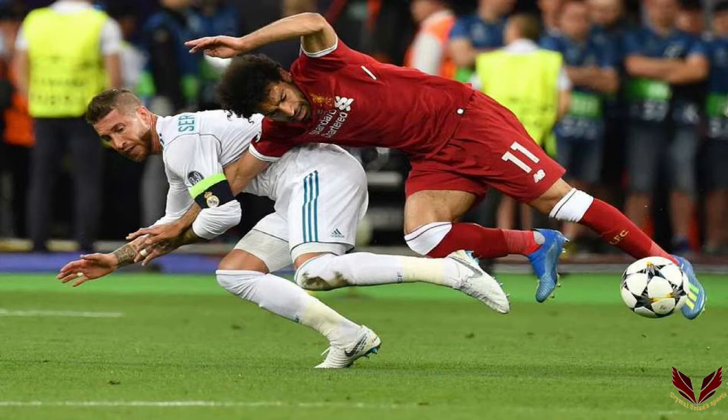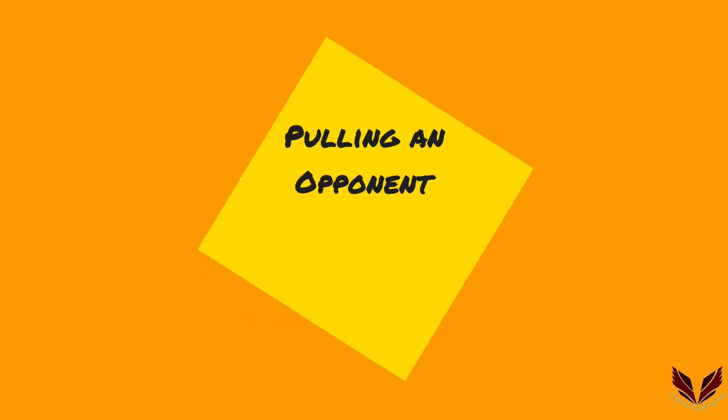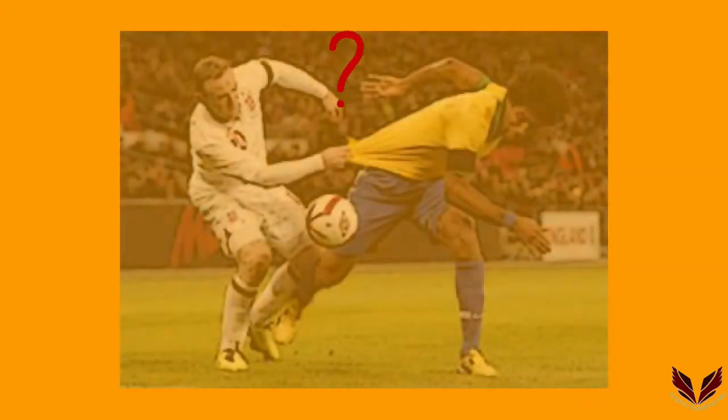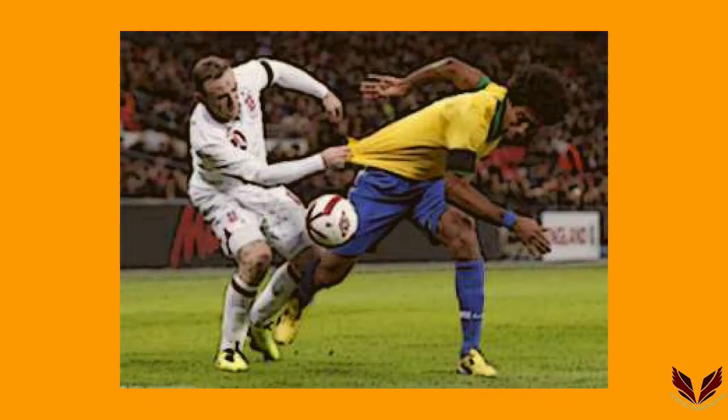Pulling an opponent, using your hand to pull another opponent, pulling the shirt or entangling the legs with the action or intention of possessing the ball. These are considered defensive fouls.